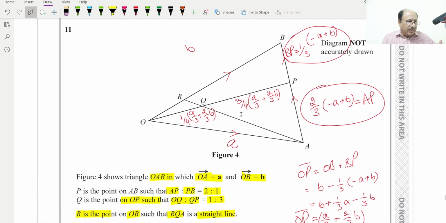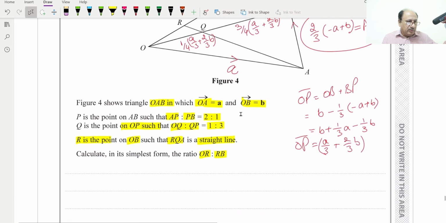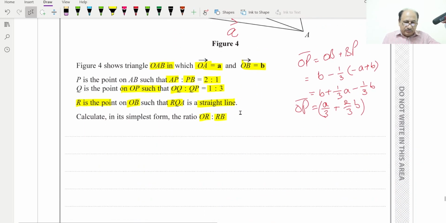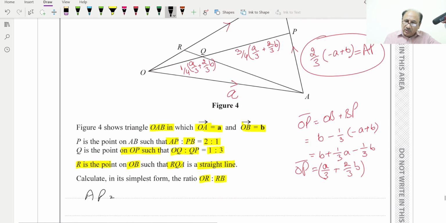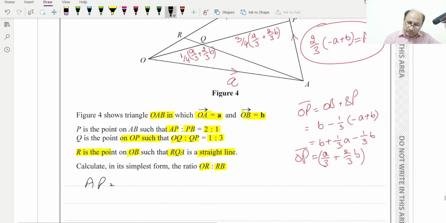BP will be the negative side. So if I write the information, first of all I will write down the AP information which we have written over here. AP is equal to, I have explained how we got this, 2 by 3 of minus A plus B. This will be our AP.